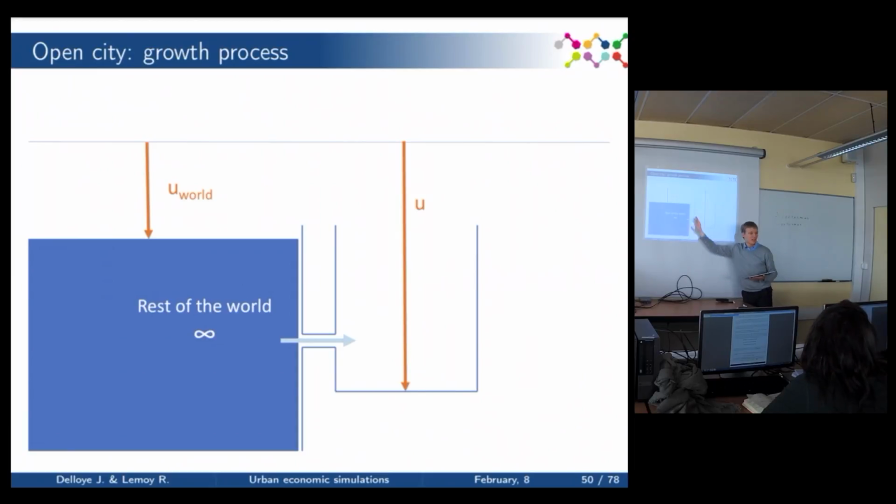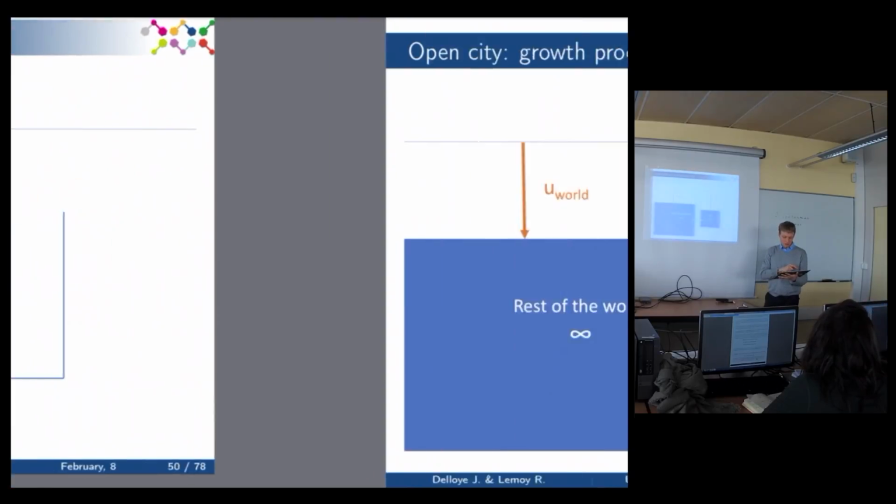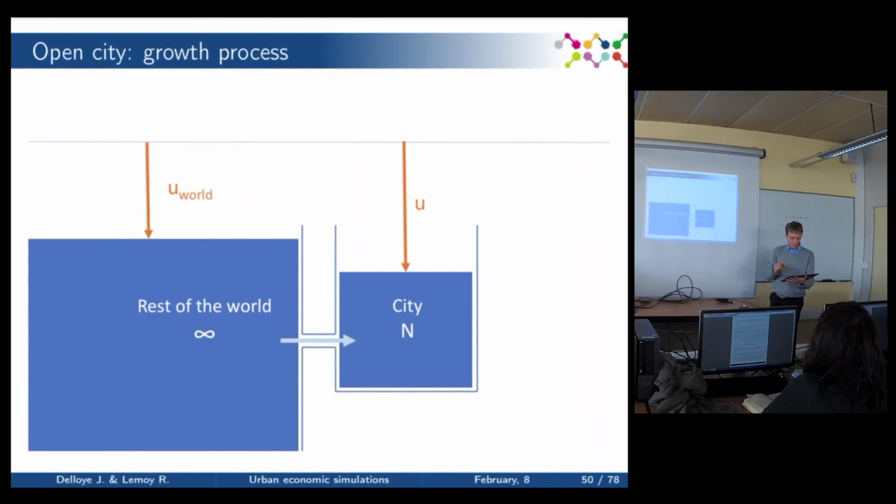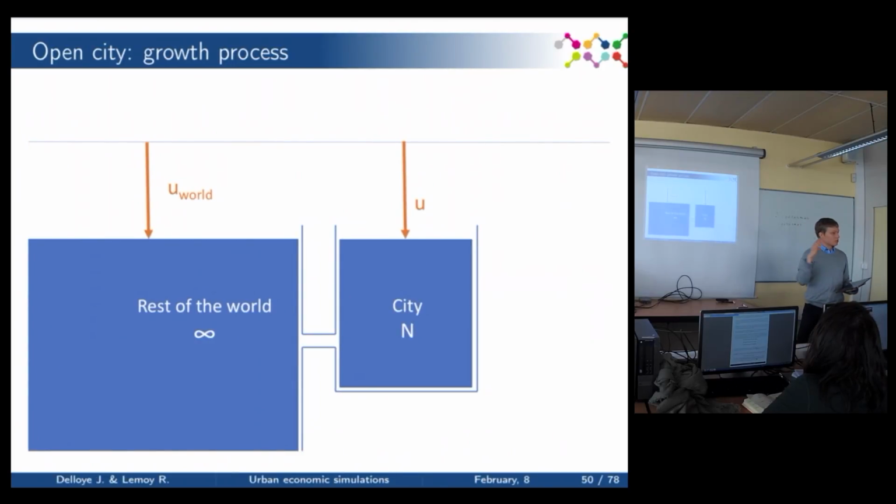There is an infinite supply of people, so people will move into the city increasingly, until utility levels meet. This happens between the city and the outside, but it could also happen within the city if the utility is not the same everywhere. So people would move to increase their utility.